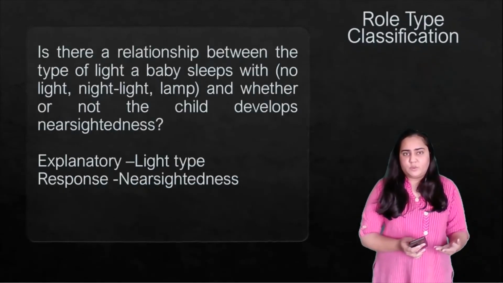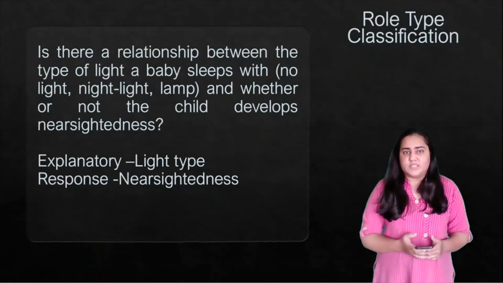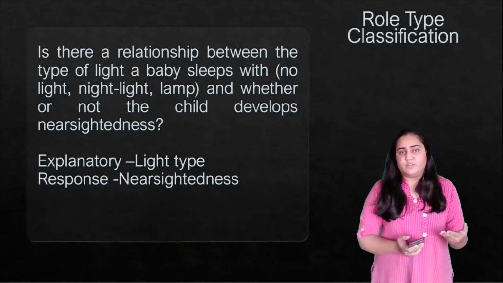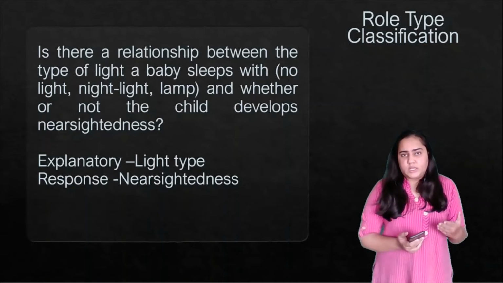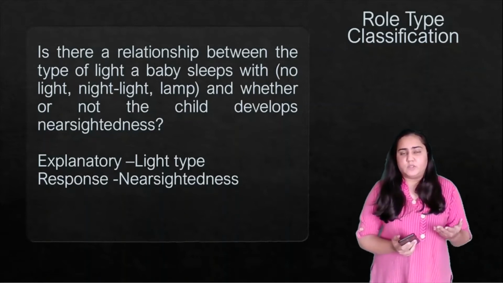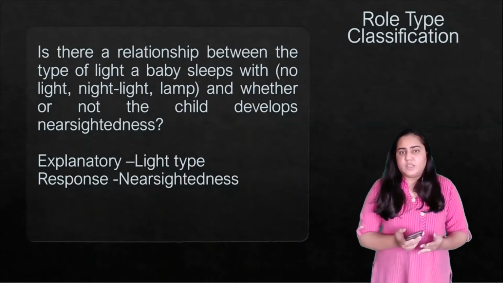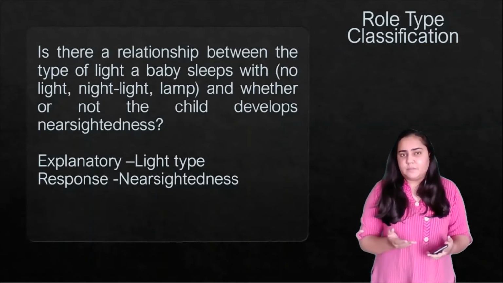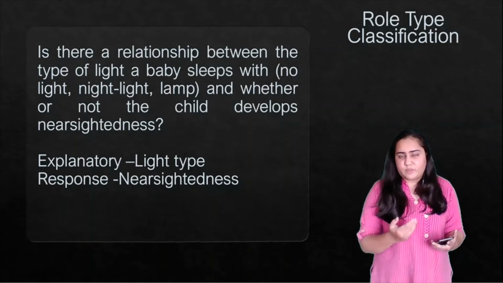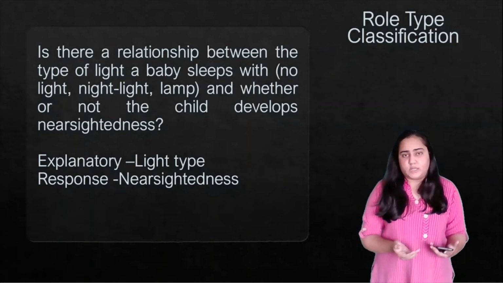Let us see another type of question. So another type of question that we saw is there a relationship between the type of light a baby sleeps with, which can be no light, night light, or lamp, and whether or not the child develops nearsightedness? Now, once again, based on the question, we can see what we need to predict is whether the child can develop nearsightedness.